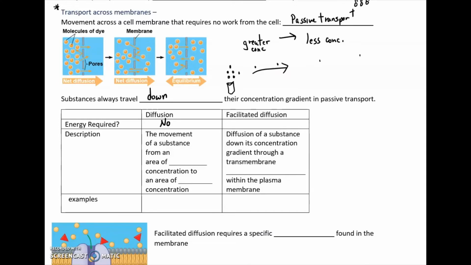And it's the movement of a substance from an area of high concentration to an area of low concentration. Examples would be oxygen diffuses through the membrane, carbon dioxide diffuses through the membrane, and other very small molecules.